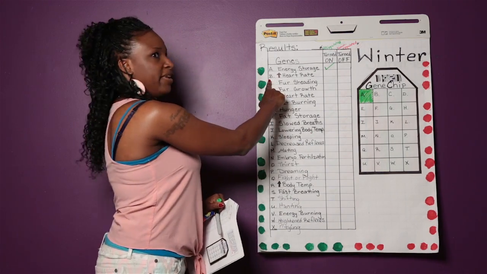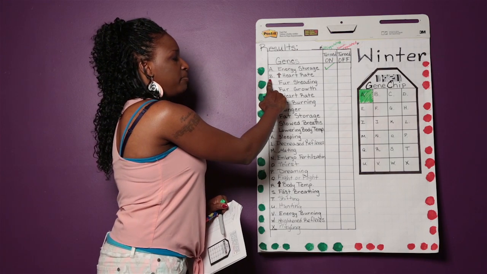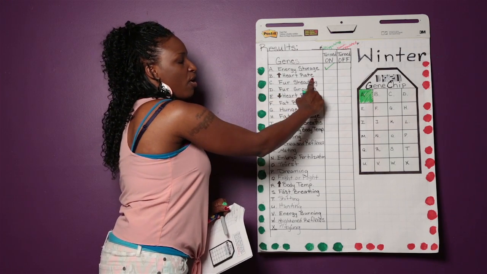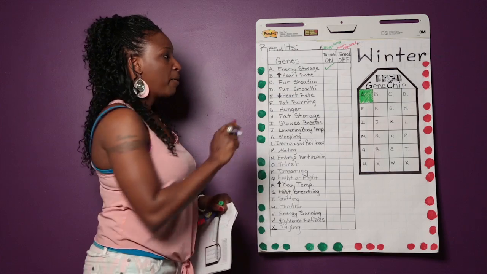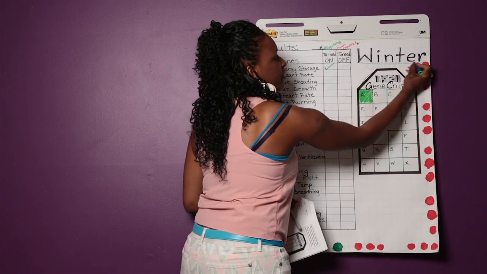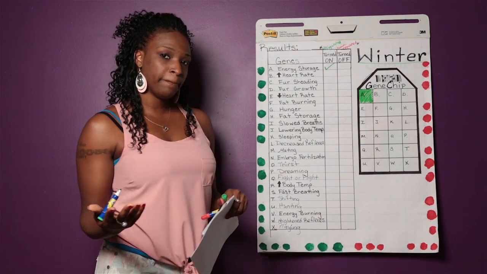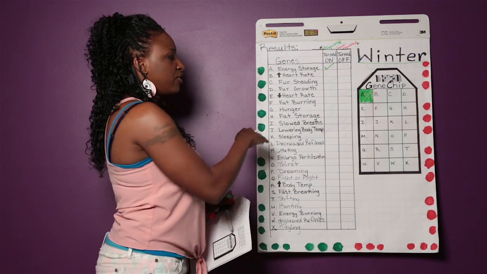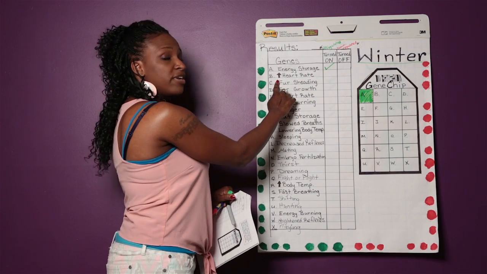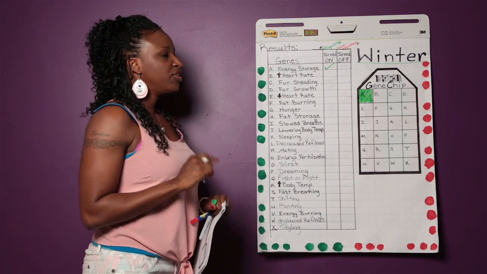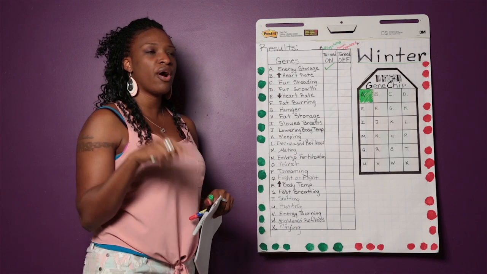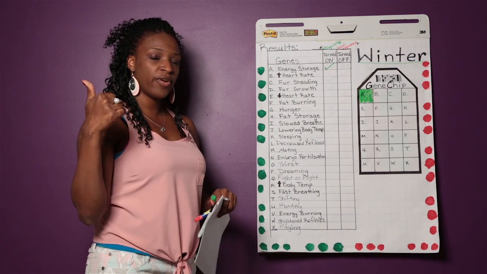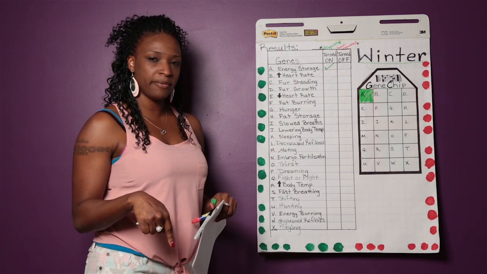Number 2, or B. Gene B would be increased heart rate. Now, my condition is winter. Your condition may be summer. But in the winter, an increase in heart rate, the gene that regulates an increase in heart rate, would it be upregulated or downregulated?